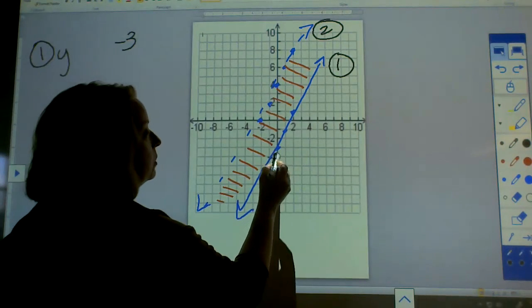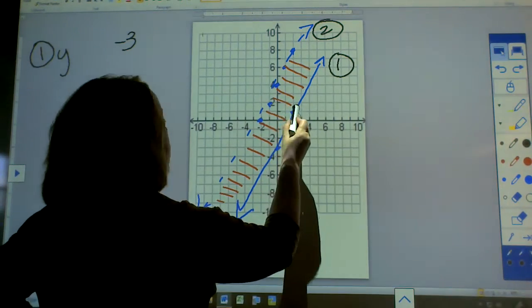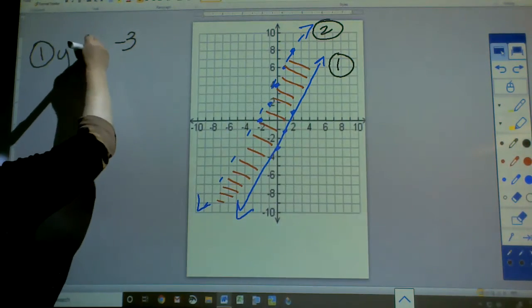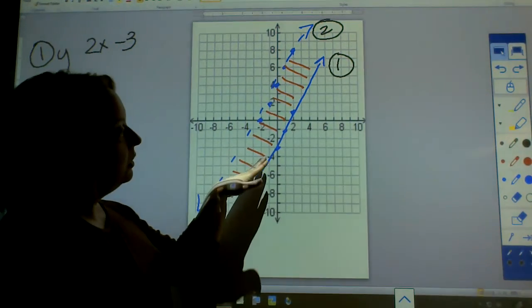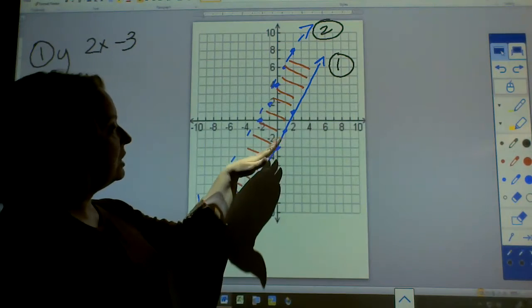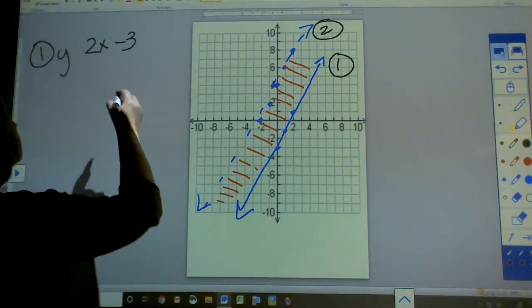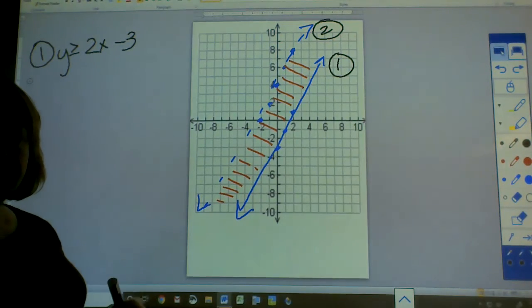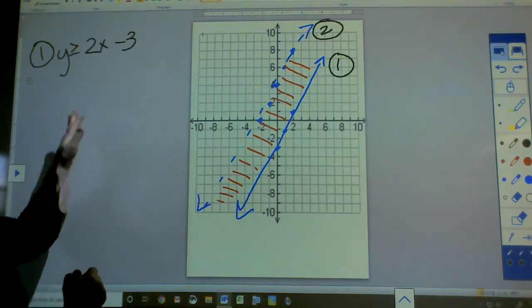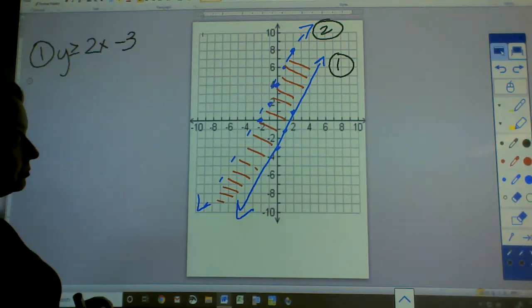And then it looks like I'm going up 2 over 1, up 2 over 1, so it's 2x. And then I have to look, okay, it's solid, so I'm going to have a line underneath, and I shade it above the line, so it's greater than or equal to. Y is greater than or equal to 2x minus 3.